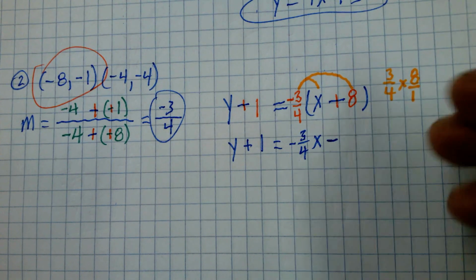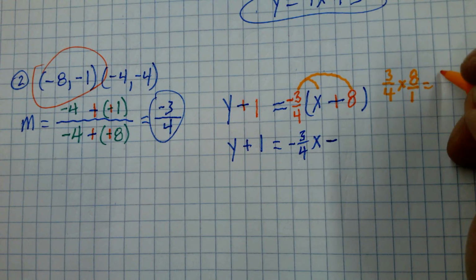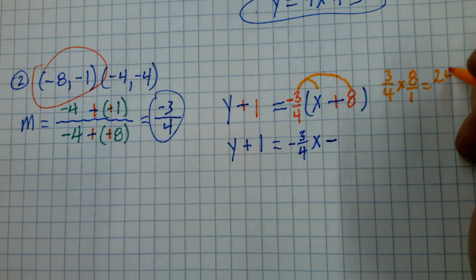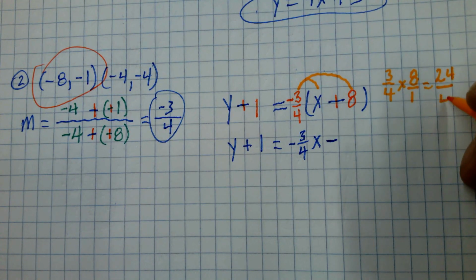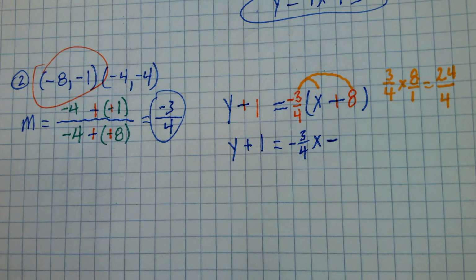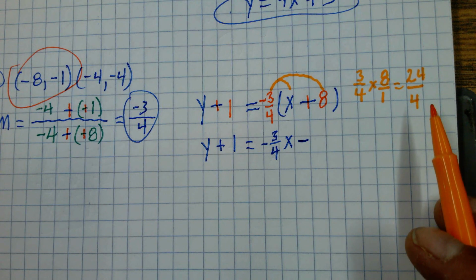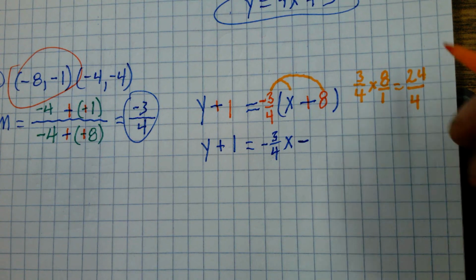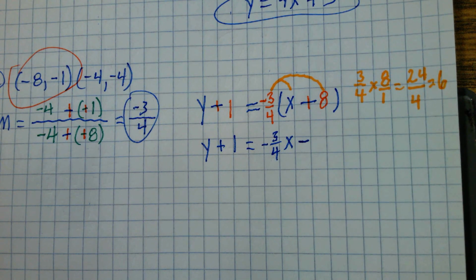Okay, so now let's see what we get. 3 times 8, that's 24. 4 times 1 is 4. So I have 24/4. Yes, reduce it down to 6. 24 divided by 4 is 6. So that's my answer.